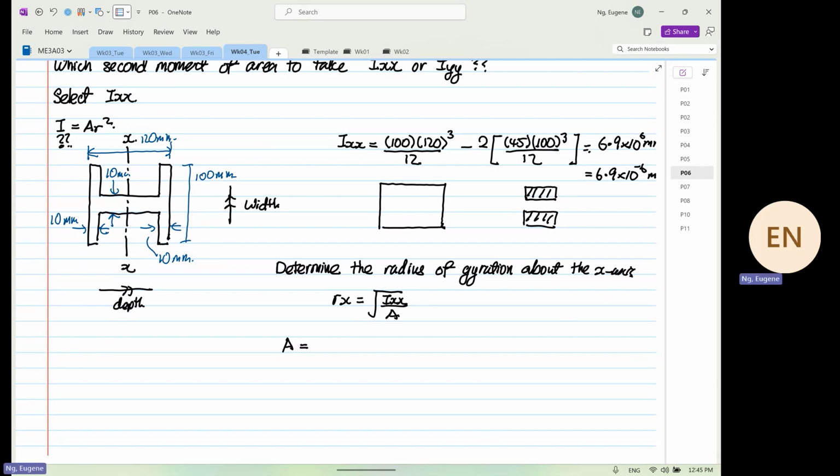okay, let's determine our cross-sectional area first. So it's equal to 120, or yeah, let's do 100 multiplied by 120 minus twice 45 multiplied by 100. Okay. So all this is in millimeters.